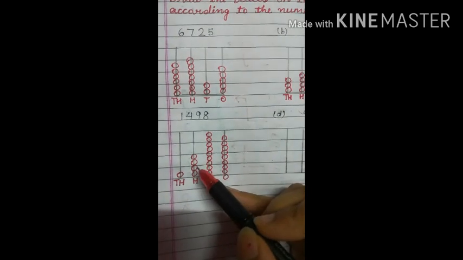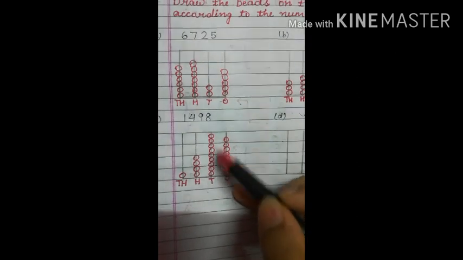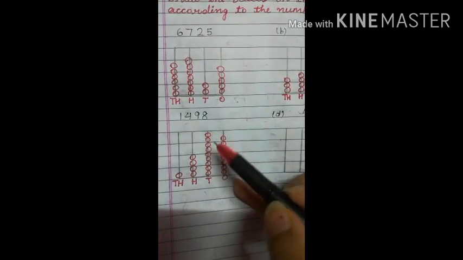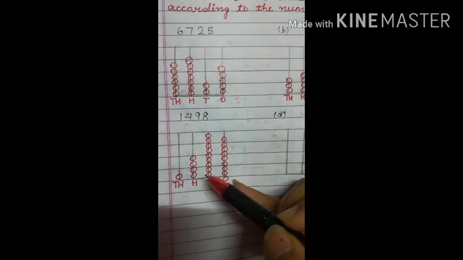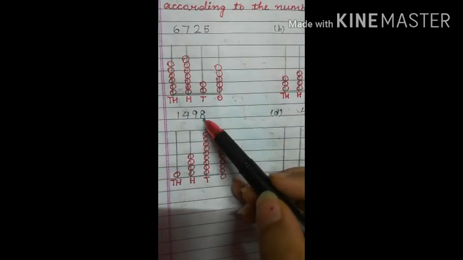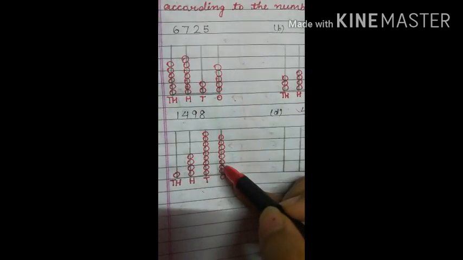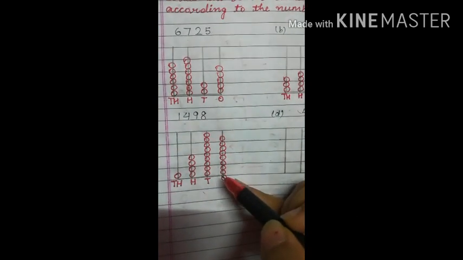This 9 is at the tens place, that is why here we have drawn 9 beads. Similarly on ones place we have 8. So here we have drawn 8 beads.